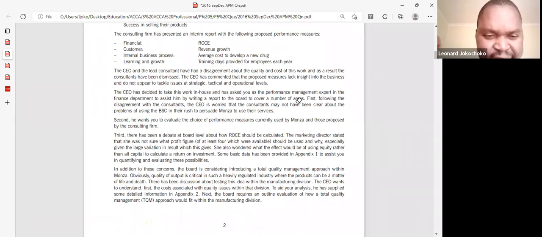The marketing director stated that she was not sure what profit figure, of at least 4 which have been available, should be used and why, especially given the large variations in the results which this gives. She also wondered what the effect would be of using equity rather than all capital to calculate the return on investment. Some basic data has been provided in Appendix 1 to assist you in quantifying and evaluating these possibilities.